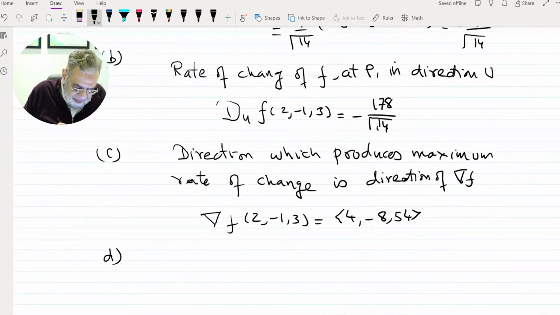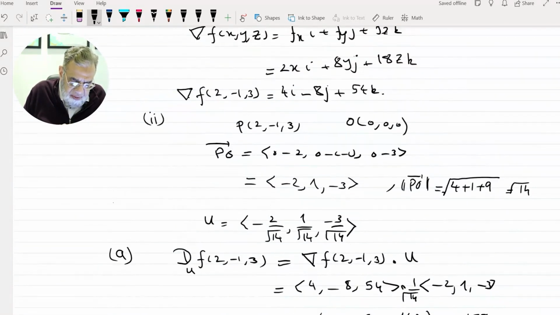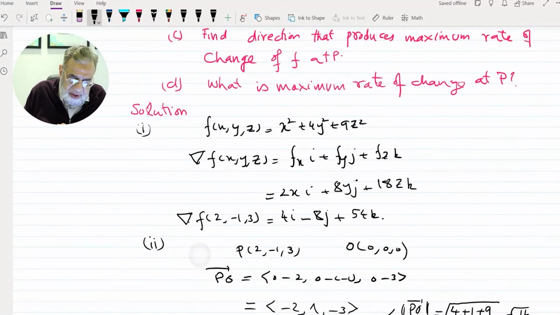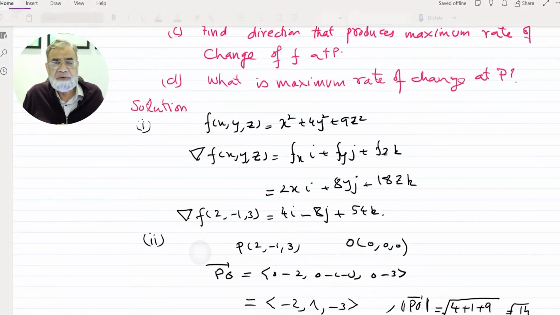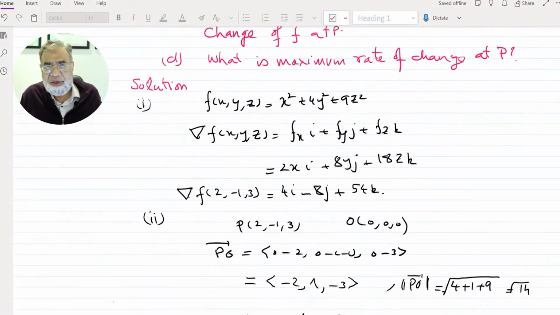Then part D: we want to find the maximum rate of change at P. The maximum rate of change at P is the magnitude of the gradient.